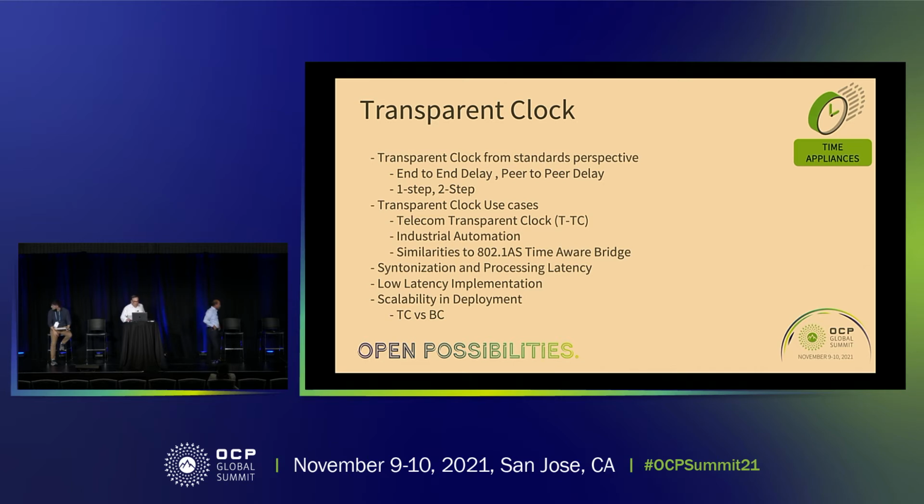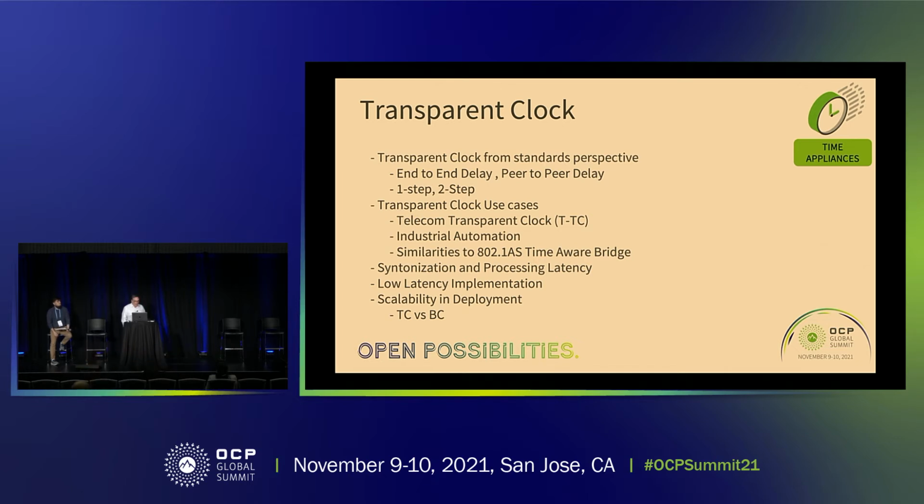Yeah, so I think the question we want to look at in this presentation is to figure out if a transparent clock is a viable option to deploy synchronization in a data center. I think the boundary clock is a well understood method of deployment, and it's been standardized and used in many applications.